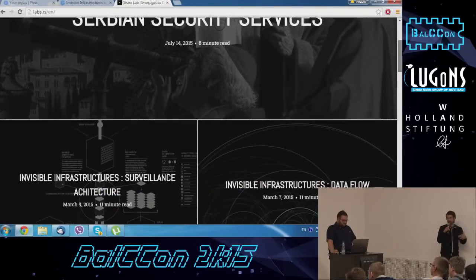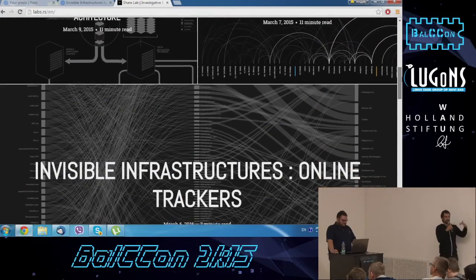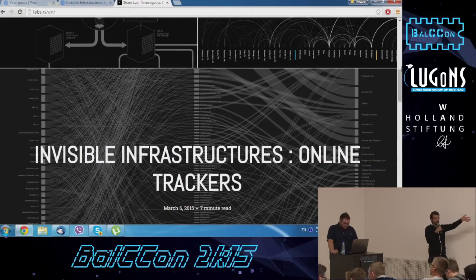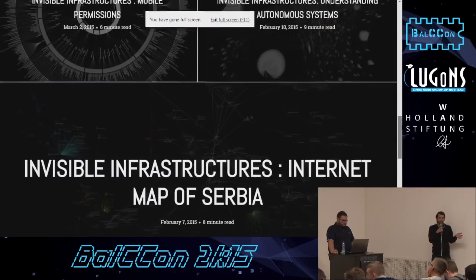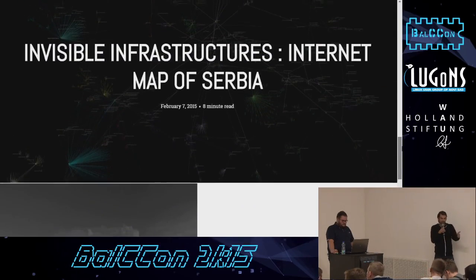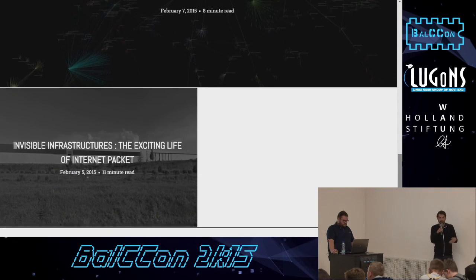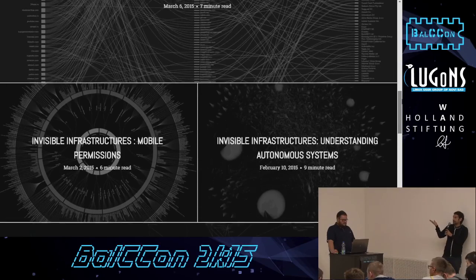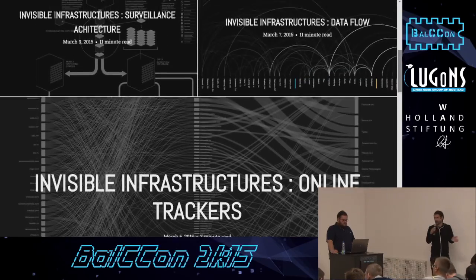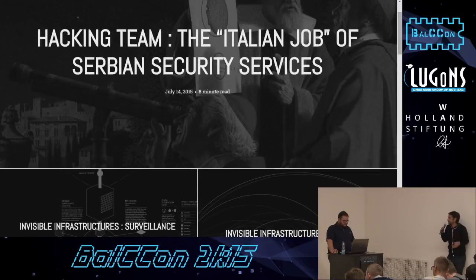For example, if you don't want to be tracked locally in your country, then use a VPN and browse the internet from another country. If you want to be anonymous, use the Tor network. If you want to understand who is tracking you online, use Ghostery or Privacy Badger and so on.